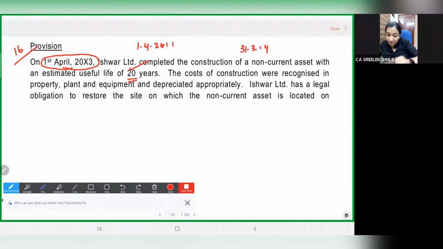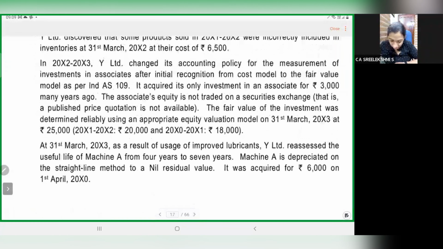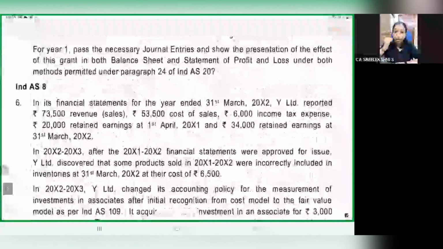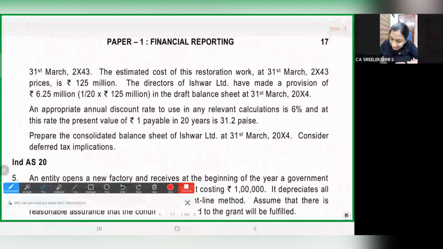Ishwar Limited has a legal obligation to restore the site on which the non-current asset is located. Which means, are you talking about provision for dismantling, decommissioning? Yes. 40 years കഴിഞ്ഞിട്ടാണ് dismantling വരുന്നത്. Fine. The estimated cost of this restoration work is 125 million.